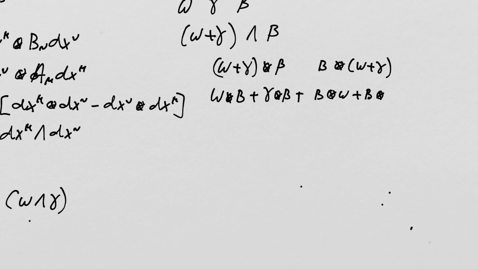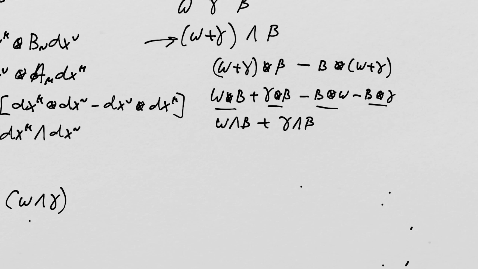Why am I putting pluses? The whole point is that it's a minus, right? And then therefore this will be a minus, minus beta tensor product gamma, which this minus this is omega wedge beta, and this minus this is gamma wedge beta, right?